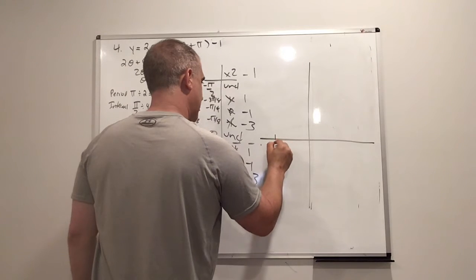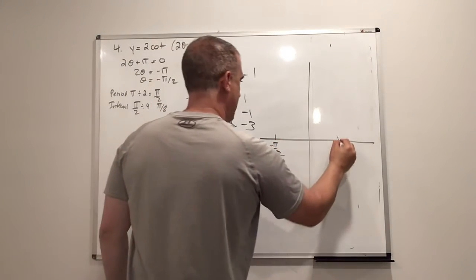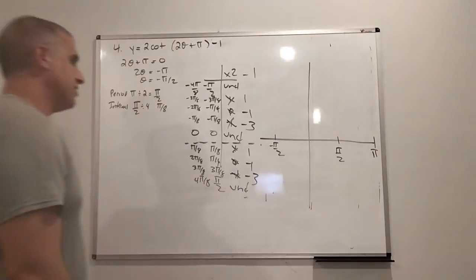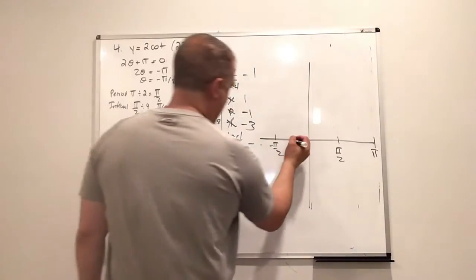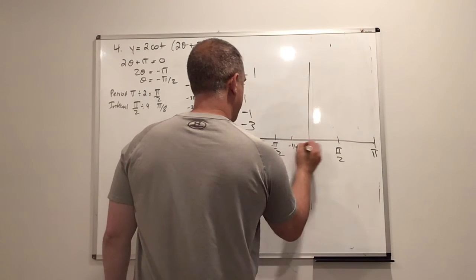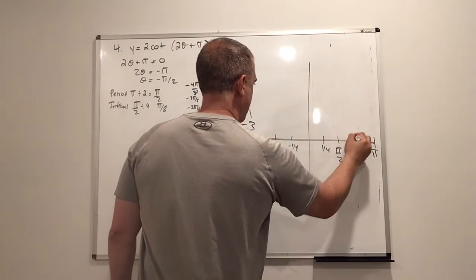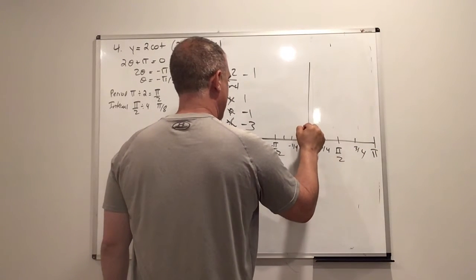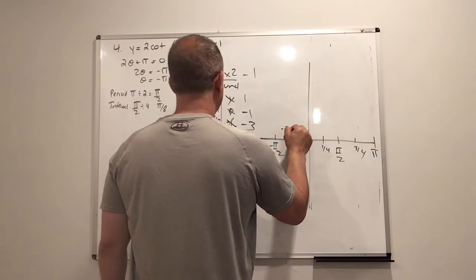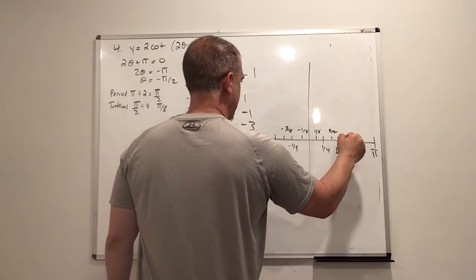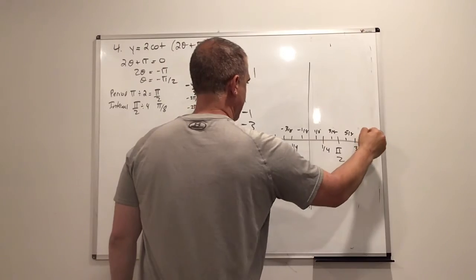So I want to go negative pi over 2 and pi over 2, and let's go to pi. I think that's all I have to do. If I cut that in half, that would be negative 1/4, 1/4, 3/4. Cut that, I'd be negative 1/8, negative 3/8, 1/8, 3/8, 5/8, 7/8 if needed.